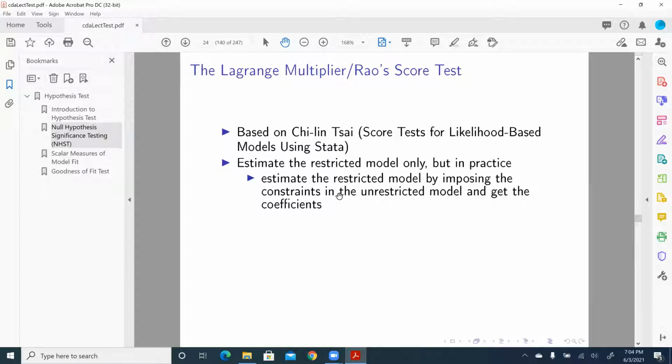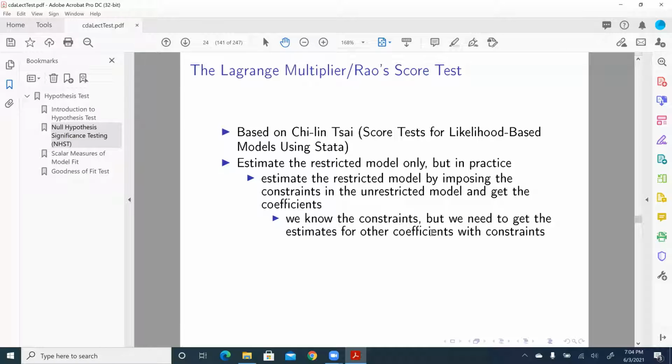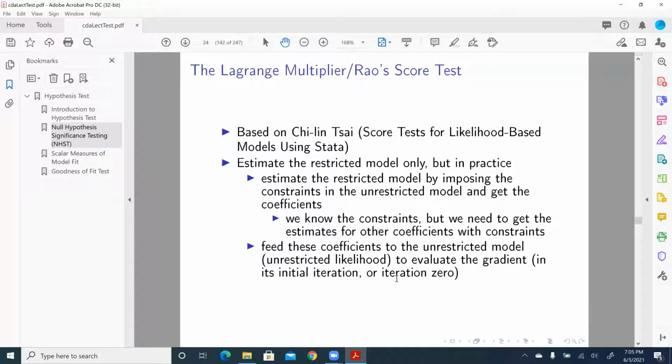First, we estimate the restricted model by imposing the constraints on the unrestricted model and get the coefficients. So we know the constraints, but we need to get the estimates for the other coefficients under the constraints. That is the key point.